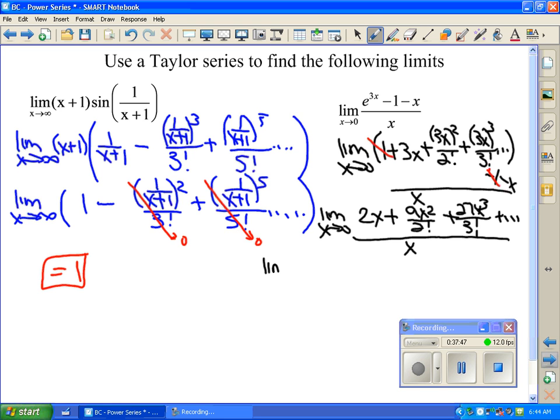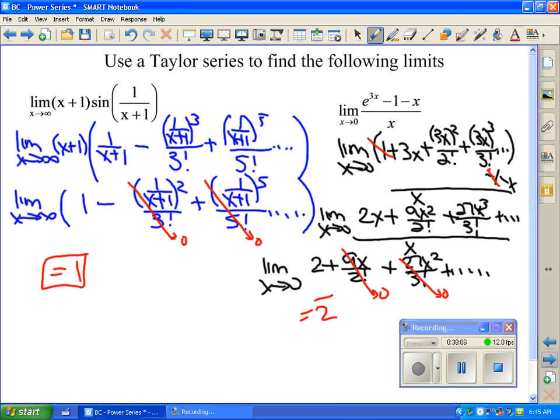So that'll become the limit as x approaches 0 of 2 plus 9x over 2 factorial, plus 27x squared over 3 factorial, and a bunch of other terms. But all those other terms also have x's in them. So as x approaches 0, this goes to 0, this goes to 0, and my final answer is 2. So that gives you an idea of how you use power series to help evaluate limits.